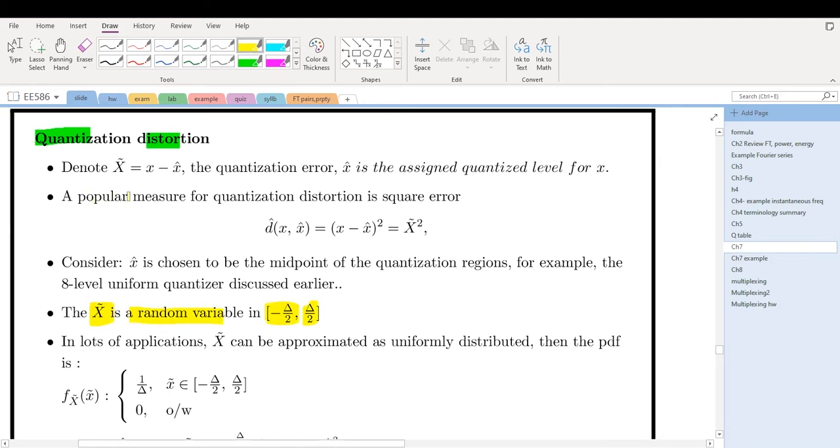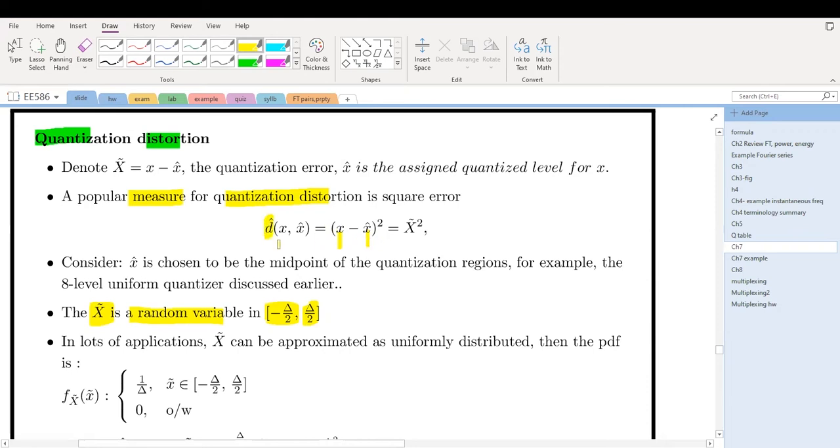Now we define a measure for the quantization distortion. We take the difference of the signal and the assigned level, and we square it because the difference can be positive or negative, but we want it all positive.